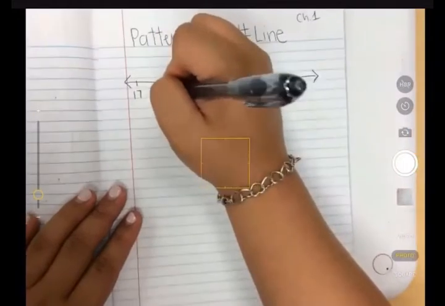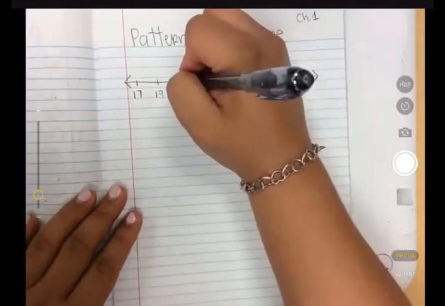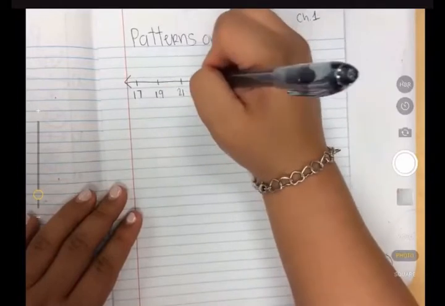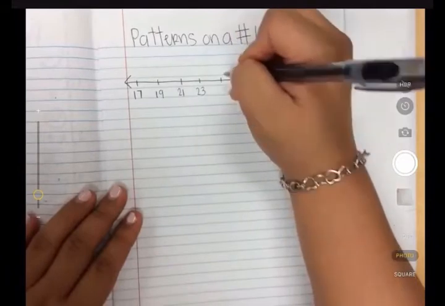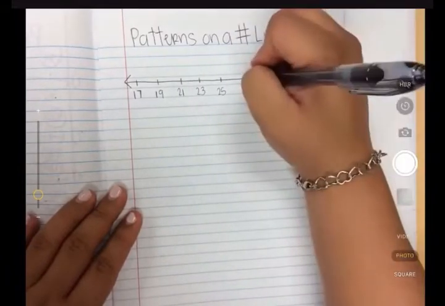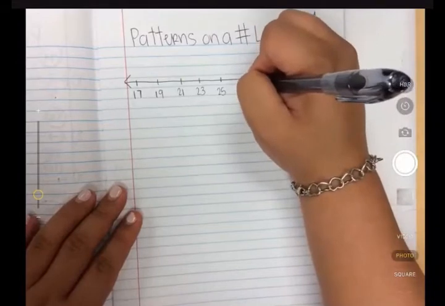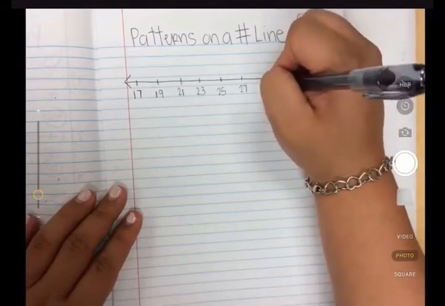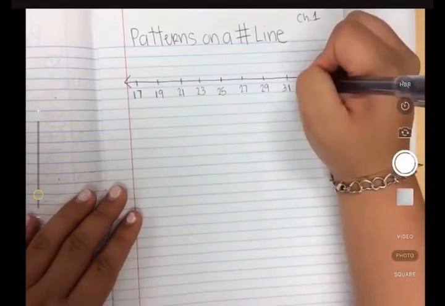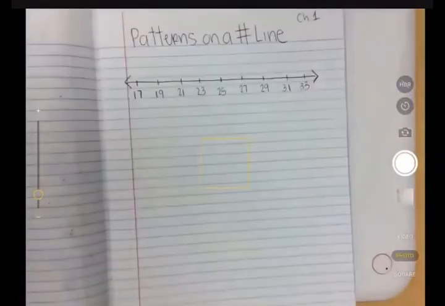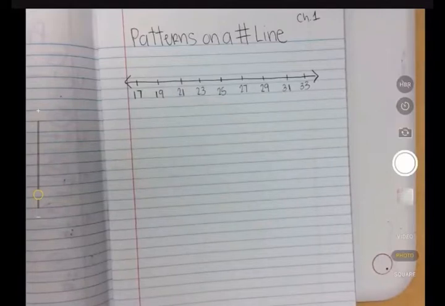So I'm starting it with 17, 19, 21, 23, 25, 27, 29, 31, and 33. So this is our number line. Do you have to draw that? Yes, we're in our notebook now. Remember, what I draw in my notebook, you draw in yours. Okay.